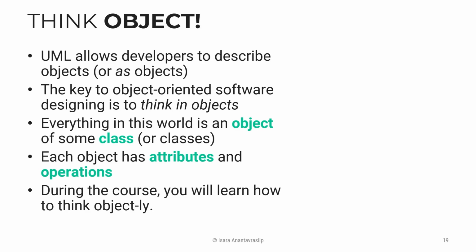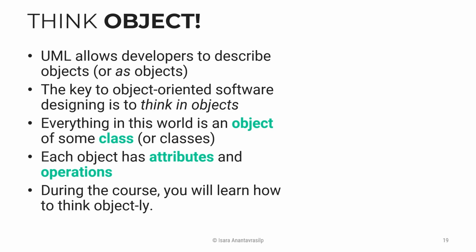Yeah. So this course is about object-oriented analysis and design, and UML allows the developer to describe things in objects. So the key is, before you can do things with objects, you need to think objectively.